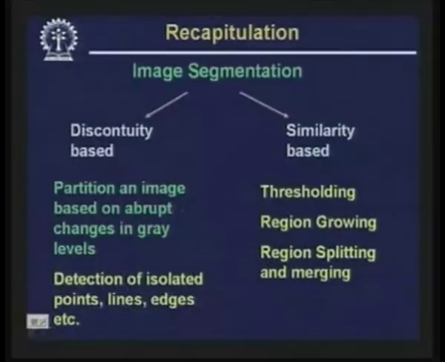And the last approach under this category, the similarity based approach, that we have seen is the region splitting and merging operation. Here you start with the entire image. If the pixel intensities over the image are not similar, then you partition the image into 4 different partitions, or 4 different quadrants, and then you check for the similarity in each of the quadrants.